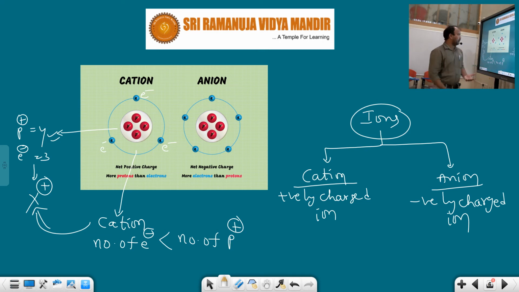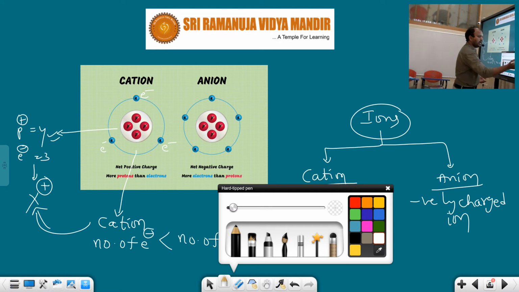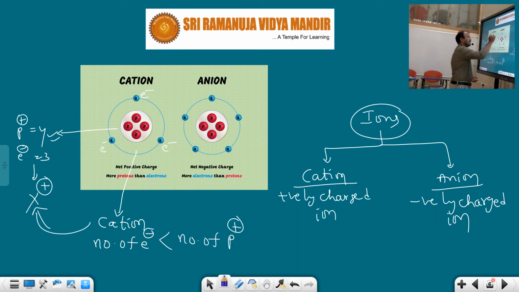When a cation is formed, compared with the electron number, the proton number is more. Suppose, compared with the proton number, the electron number is more. Electron is negatively charged.